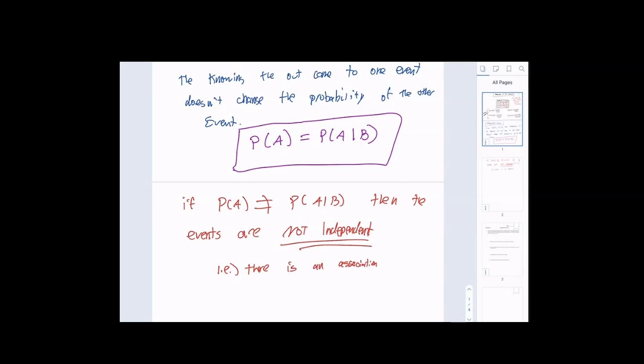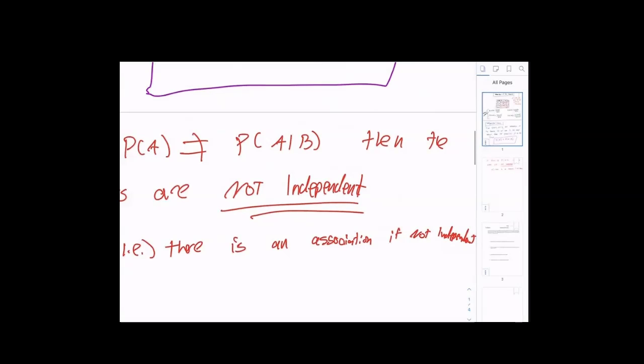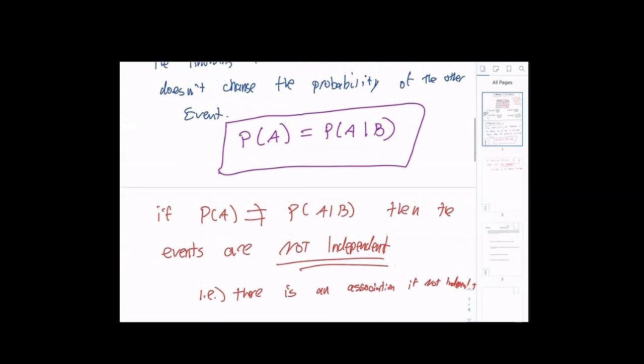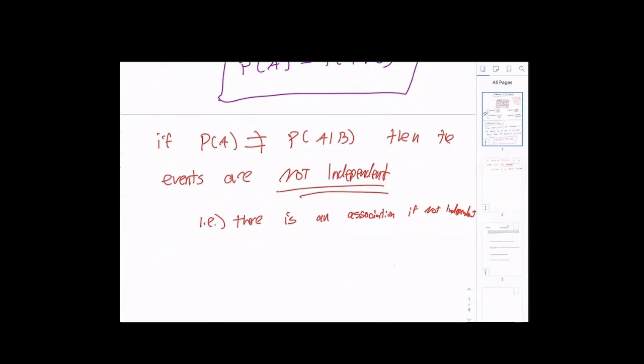As a reminder, not independent means association. So all you have to do in reality is find two probabilities. If the probabilities are equal, then they're independent. If the probabilities are not equal, they're not independent.